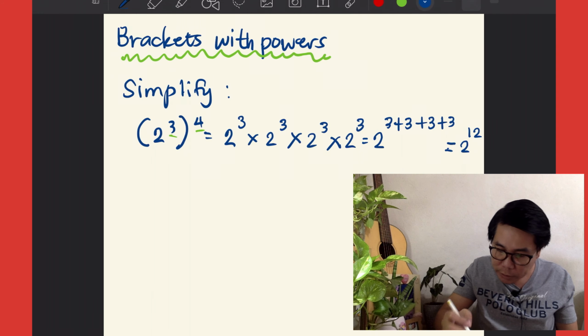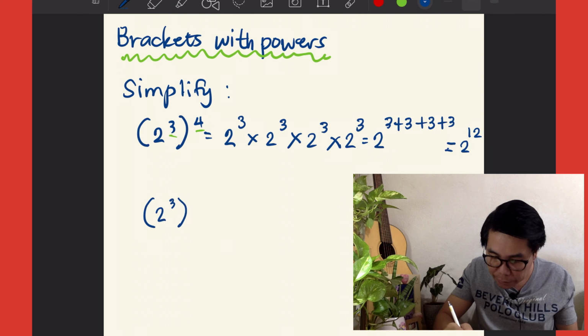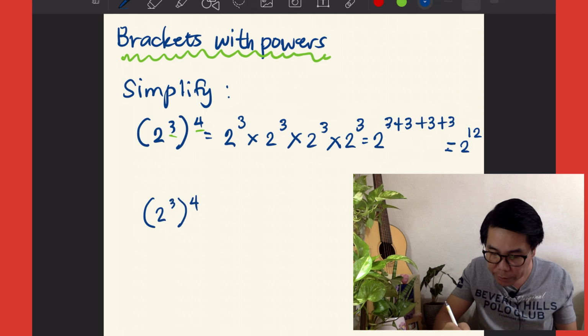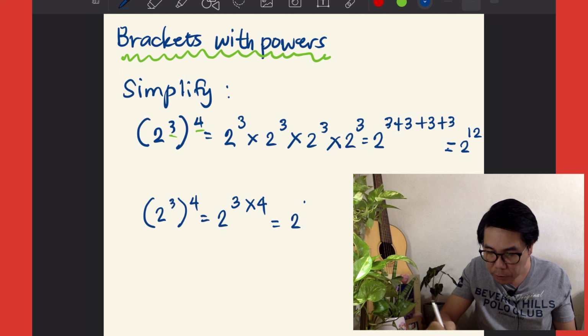So if we multiply it, we have 2 raised to the power of 3, to the power of 4, is equal to 2 raised to the power of 3 times 4, which is equal to 2 raised to the power of 12.